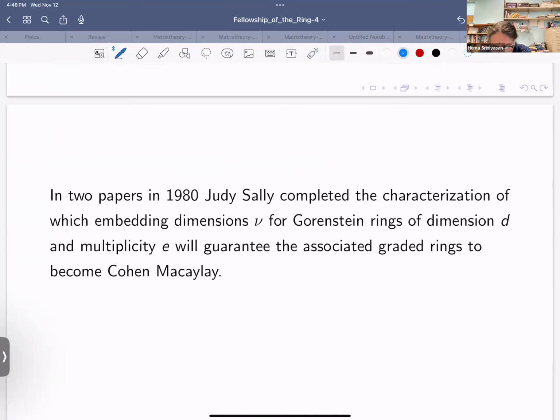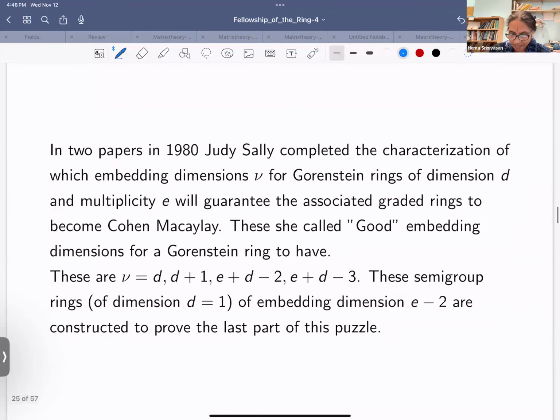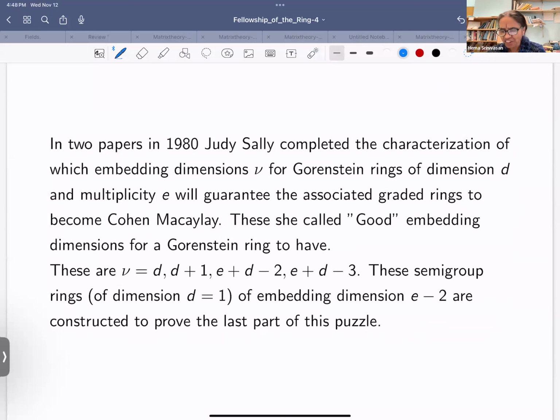In a couple of papers in 1980, Judy Sally completed the characterization of which embedding dimensions mu for Gorenstein rings of a given dimension d and multiplicity e will guarantee that the associated graded rings will be Cohen-Macaulay. She called such an embedding dimension a good embedding dimension for a Gorenstein ring to have.